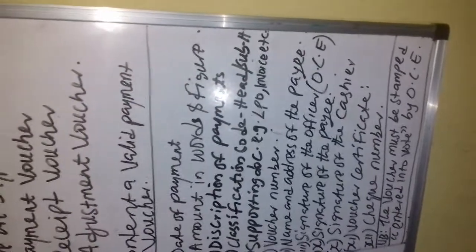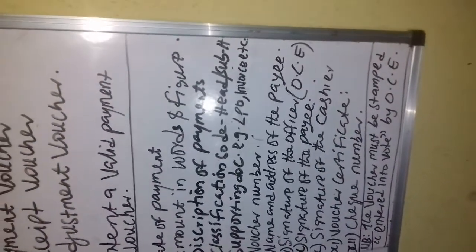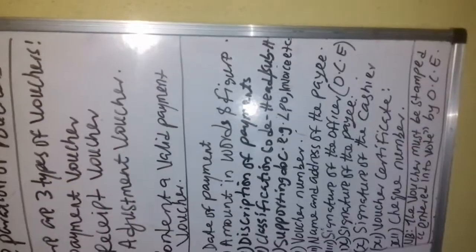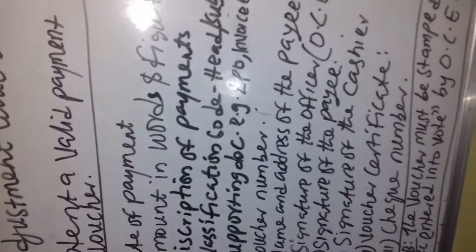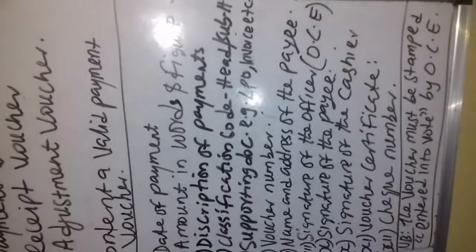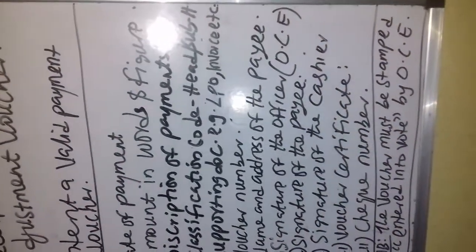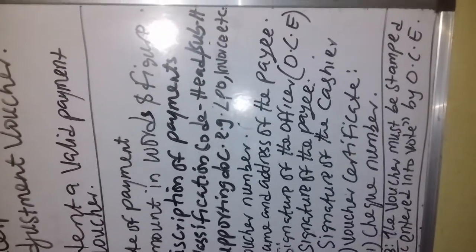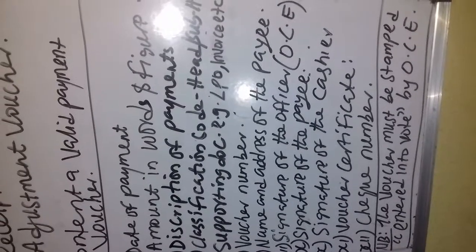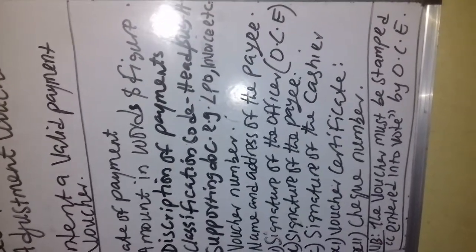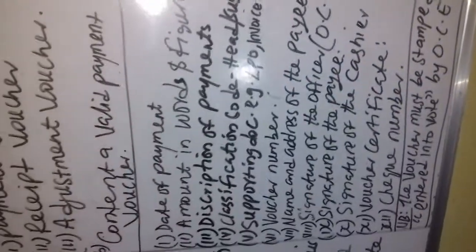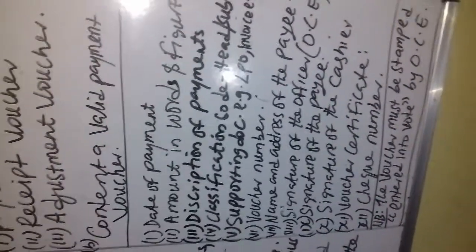The voucher certificate shall contain prepared by, checked by, posted into the vote book by, and signed by. And the final item there is the check number. Please note that there are types of vouchers that must contain stamped by, entered into vote by the officer in charge of expenditure, or else such a voucher will not be approved.